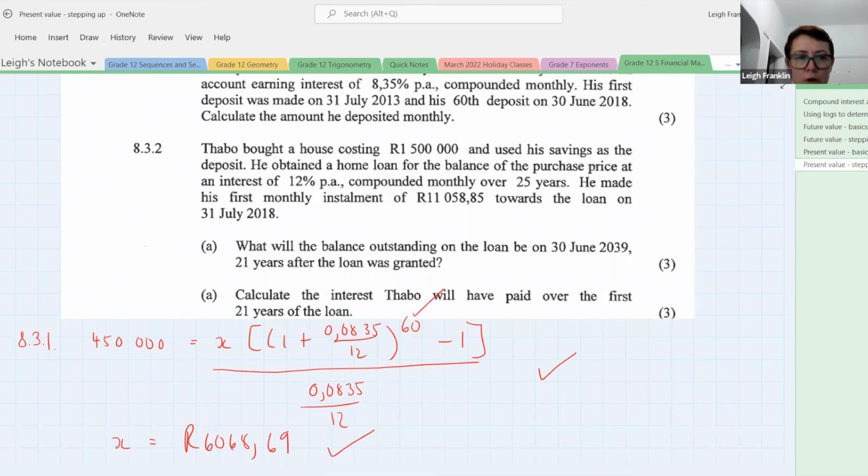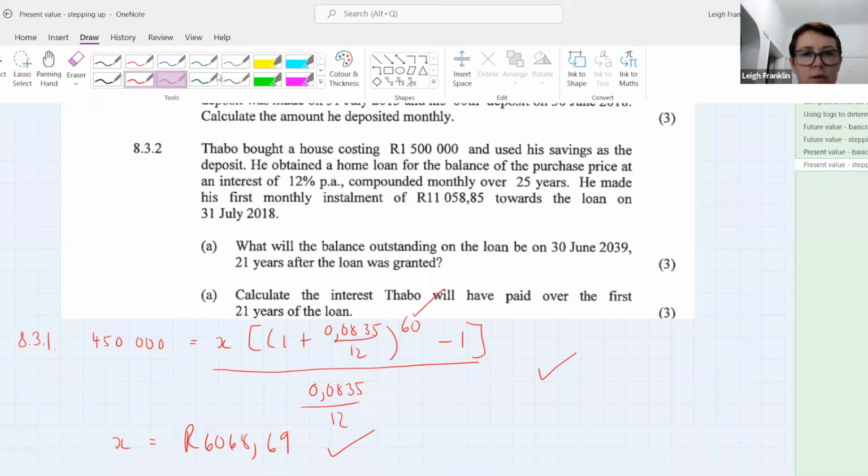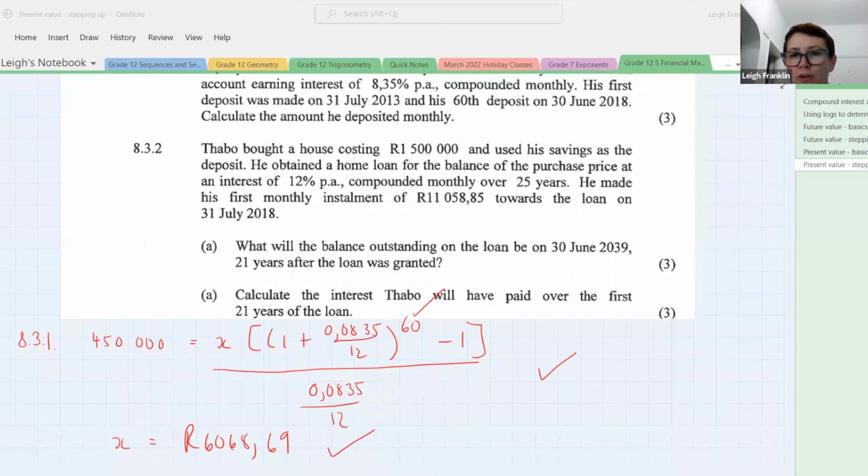Okay, are we all ready to go on to 8.3.2? Are we feeling good, Matrix? Good. Okay. All right.